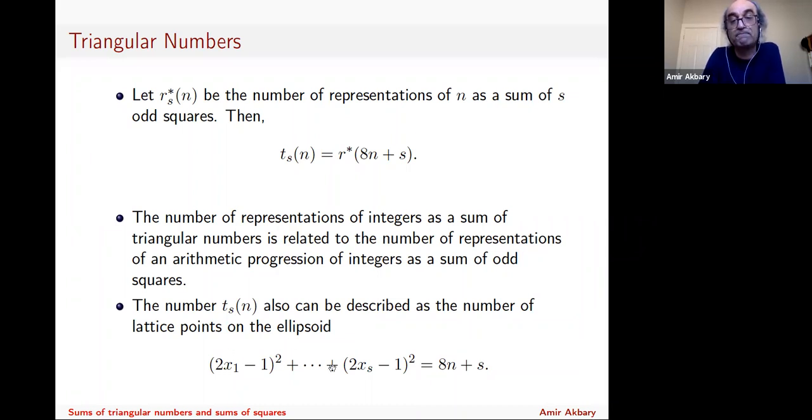And as I said, these are just typical examples of writing a number as a value of a quadratic polynomial. There are lots of problems like this we can state, but in this talk we are focusing on triangular numbers and also sums of squares.